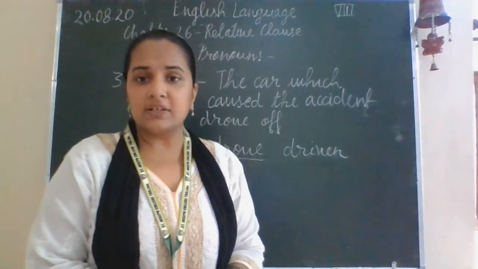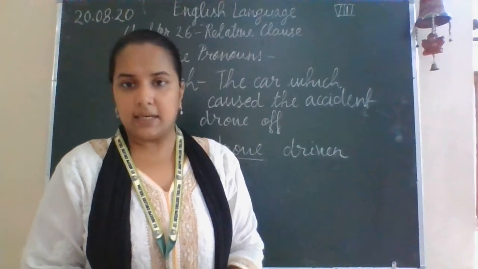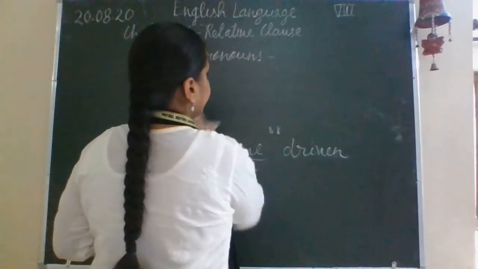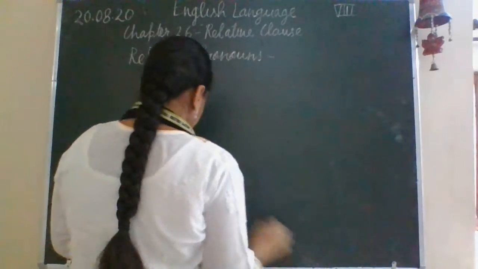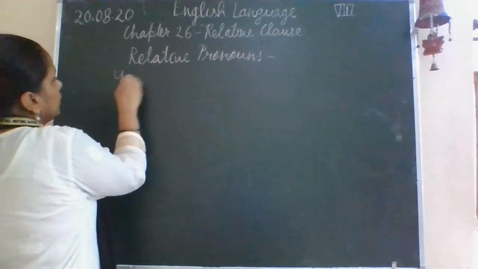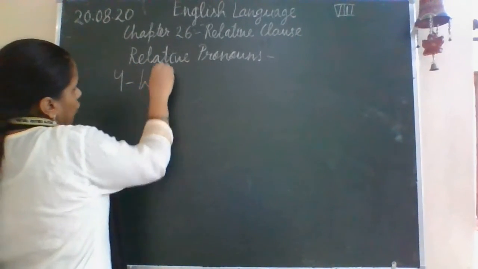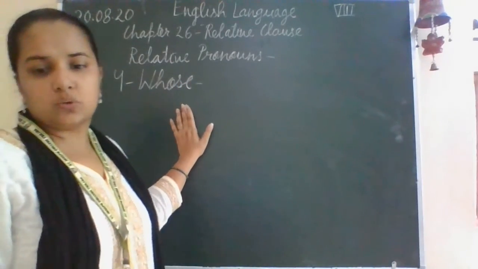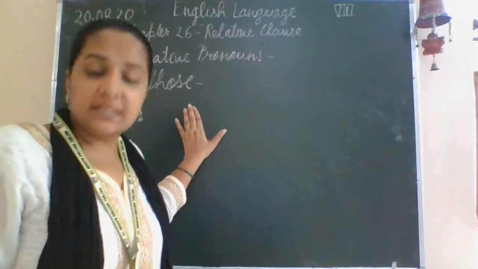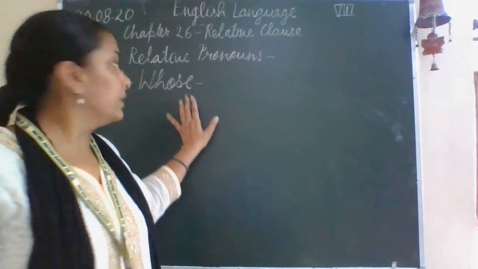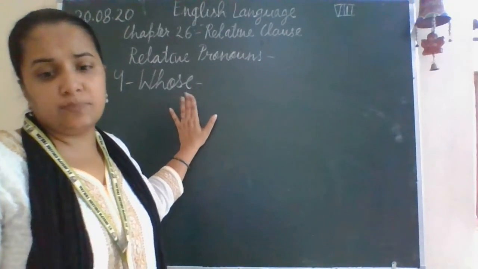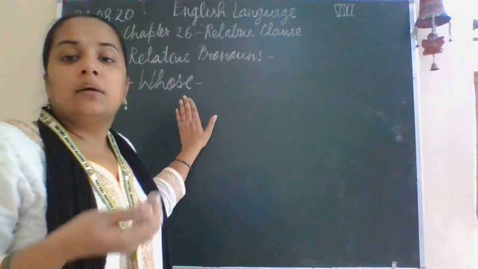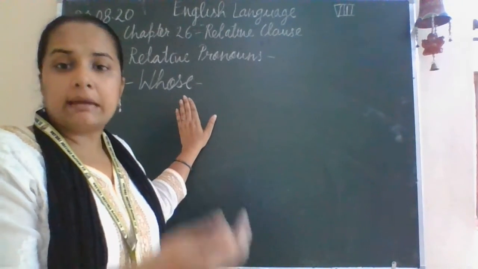Now the next relative pronoun that we are going to discuss is whose. Whose is sometimes used interchangeably in place of whom, but in general we use whose as a possessive, as when you talk about his, her, its.